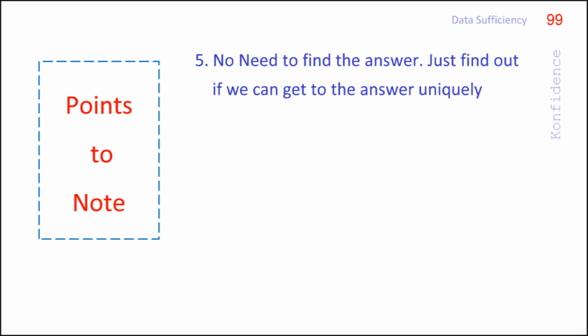Point number 5. DS questions ask you whether data given in the statements is enough to find out the answer or not. So the answer need not be found out. You need to be sure that you can find out the answer. That is enough. Remember the second example, is x equal to 3?